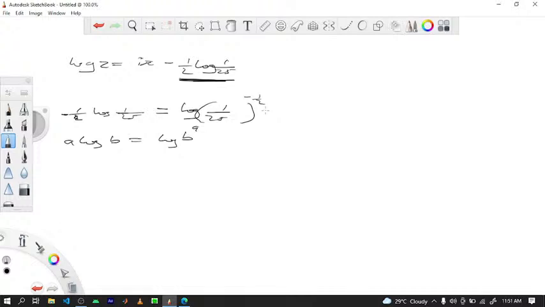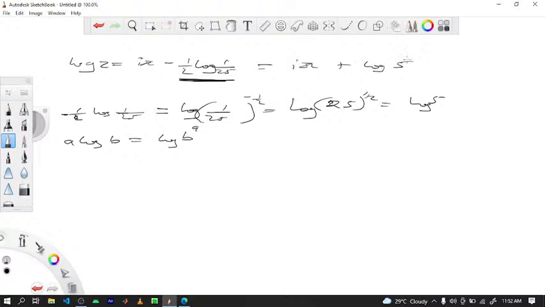The negative makes this a reciprocal, so it becomes 25 to the power half. Then that gives us log 5, because a number raised to the power half is the square root of that number. So this whole thing now is i pi plus log 5, right?